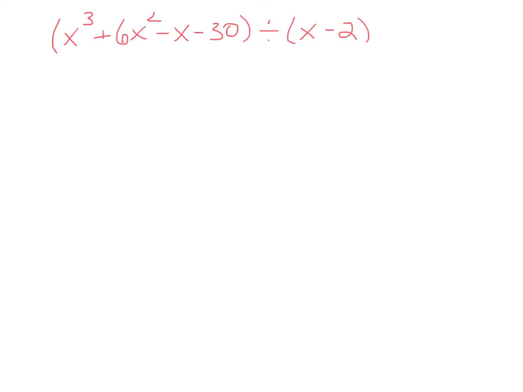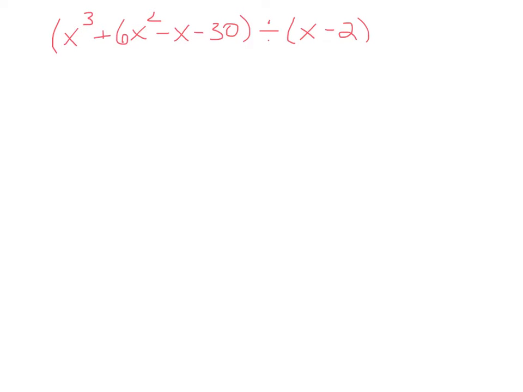We don't have that situation here, but one of the differences is that we are ignoring all of the variables. We're only worried right now about coefficients. And so the setup is a little strange, but you'll see how easy the method is. And then our answer is going to be rewritten as a polynomial.